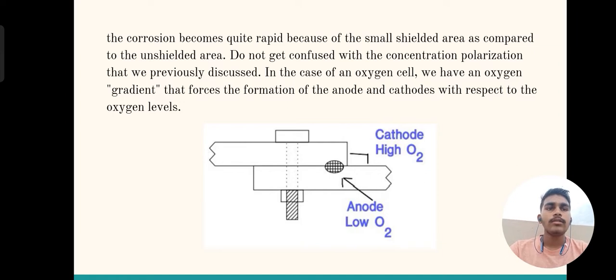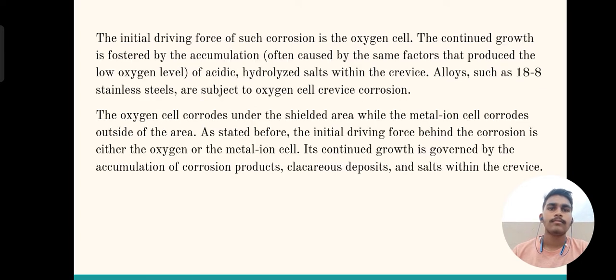In the case of an oxygen cell, we have an oxygen gradient that forces the formation of the anode and cathodes with respect to the oxygen levels. This is what will happen when the cathode and anode intersect. The initial driving force of such corrosion is the oxygen cell.